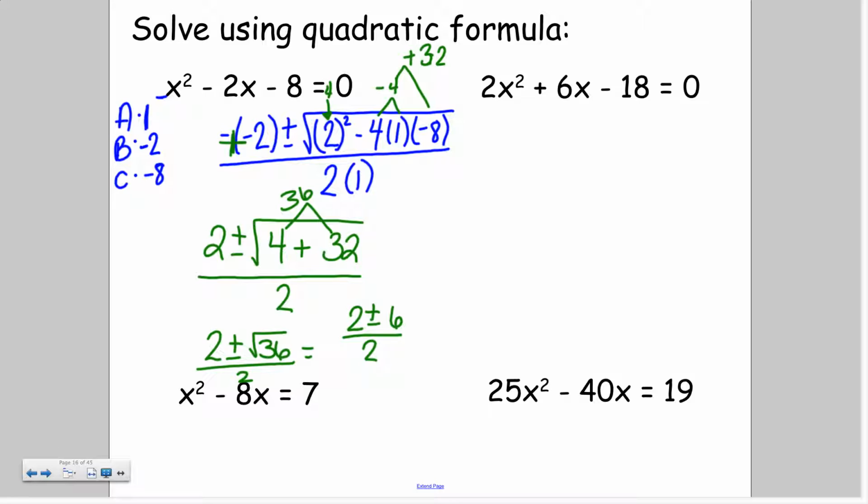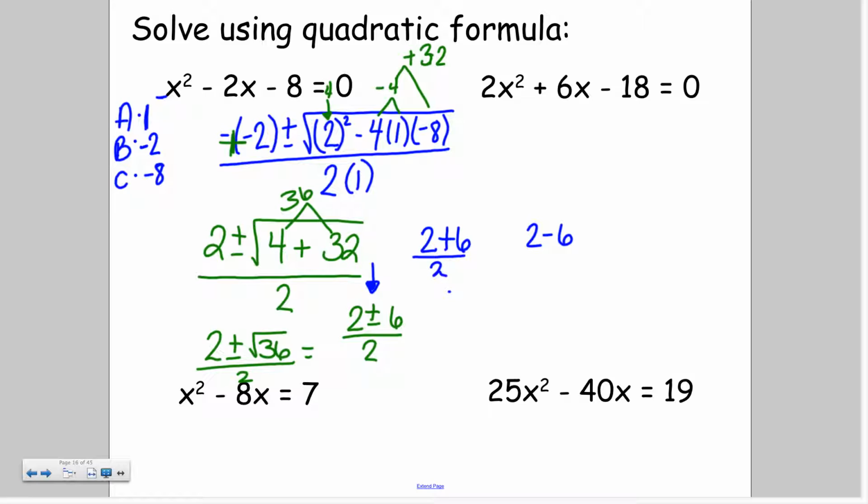All right, now remember, I said I had to have 2 solutions. When I'm doing the quadratic formula, this right here is where I'm going to get those 2. It's going to be because of these 2 signs right here. Those 2 signs are telling me that I need to do 2 plus 6, and I need to do 2 minus 6.